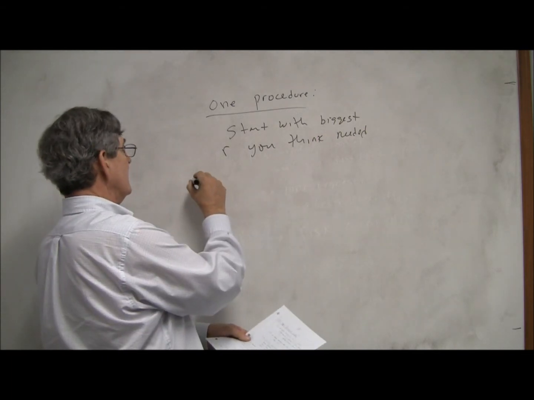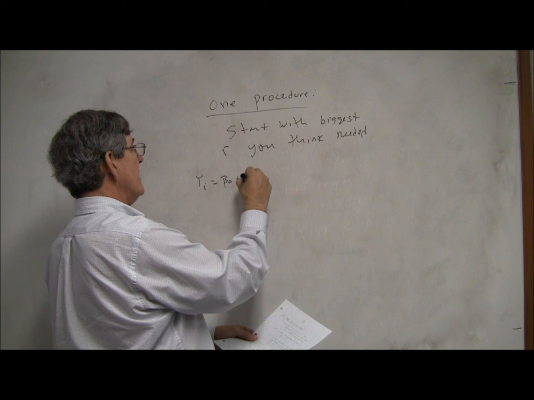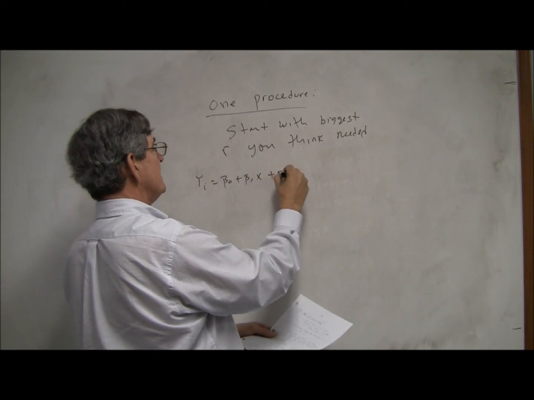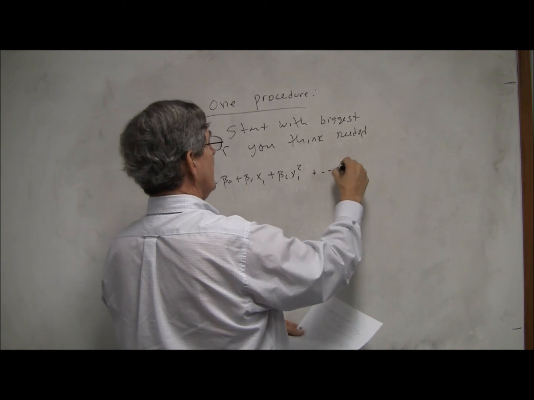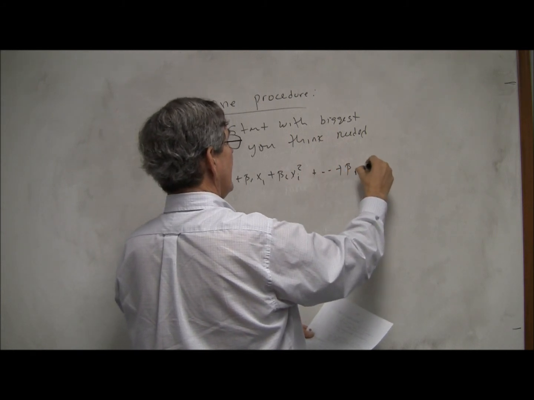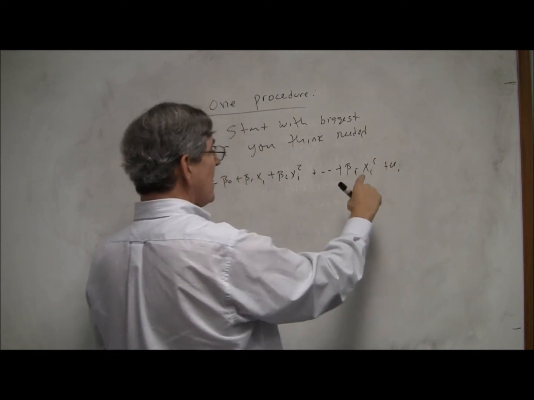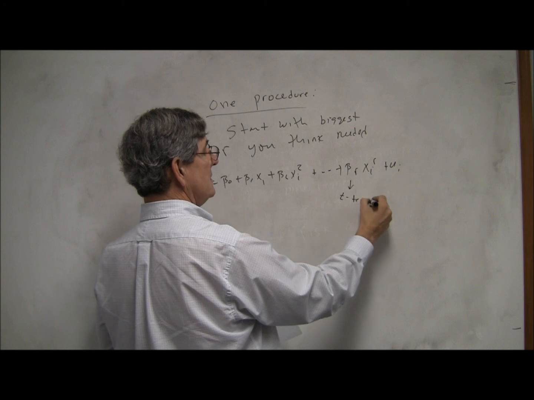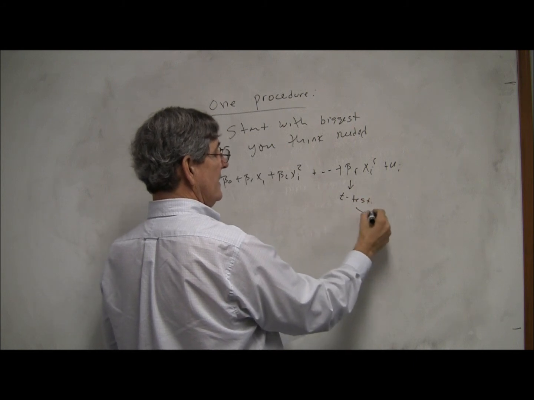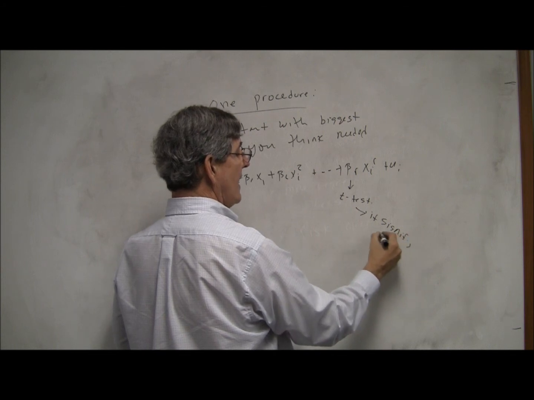And so then you start with y_i is beta 0 plus beta 1 x_i plus beta 2 x_i squared, and so on, plus beta r x_i to the r power plus u_i. So you start with this big model and you do a t-test here. If it's significant, stop.